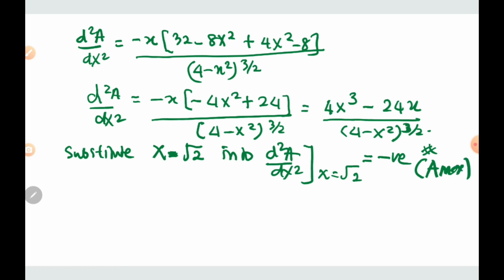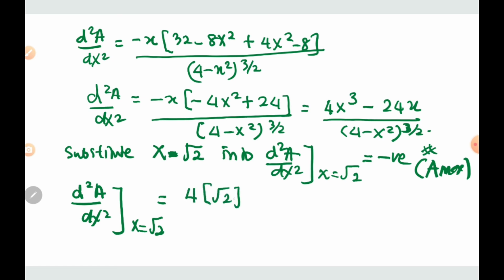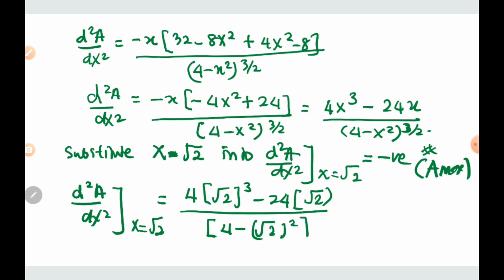Okay, now we substitute x equal to √2 into d²A/dx², you will get 4 multiplied with (√2)³ minus 24 multiplied with √2 over (4 - (√2)²) to the power of 3/2.